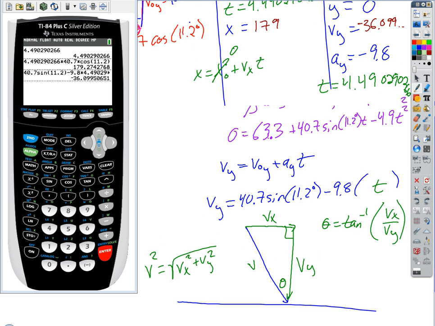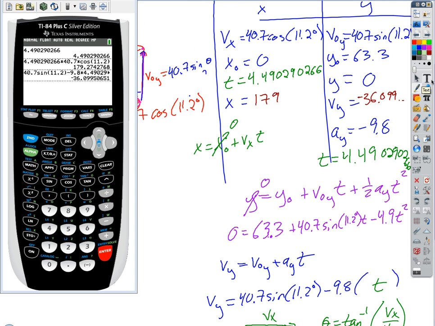So there's our number for v sub x, right? So we're going to do the square root of... 40.7 cosine 11.2. I got to square that whole thing, right?